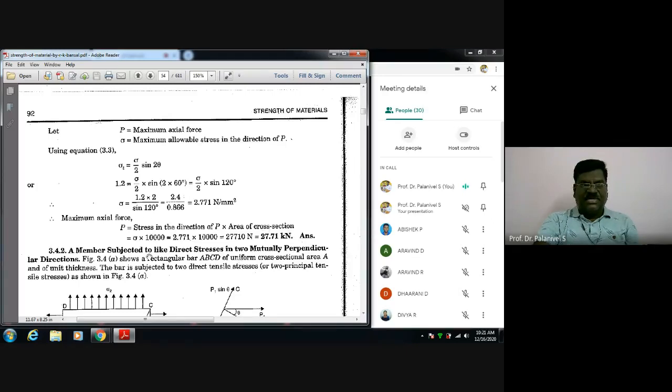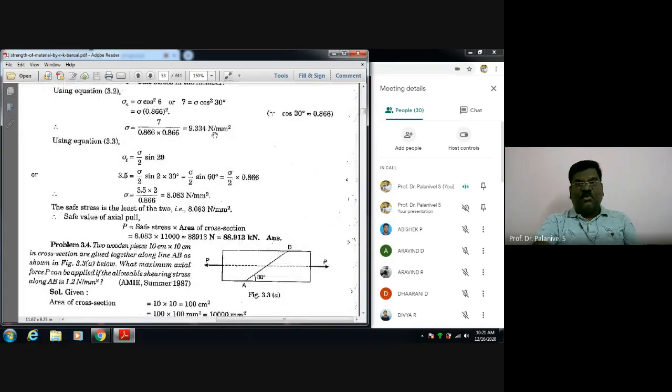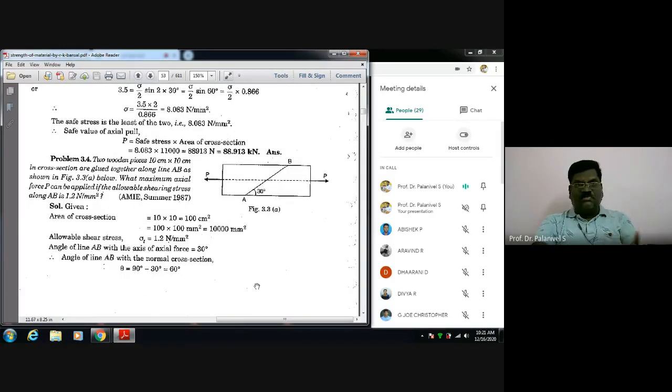We completed this. Next class, we will see this case. In the previous problem, permissible values for both normal stress and tangential stress were given. That is why we computed the normal stress two times and took the least value. In this problem, the permissible value for tangential stress alone is given. That is why only once, for shear stress, sigma t equals sigma by 2 into sine 2 theta.